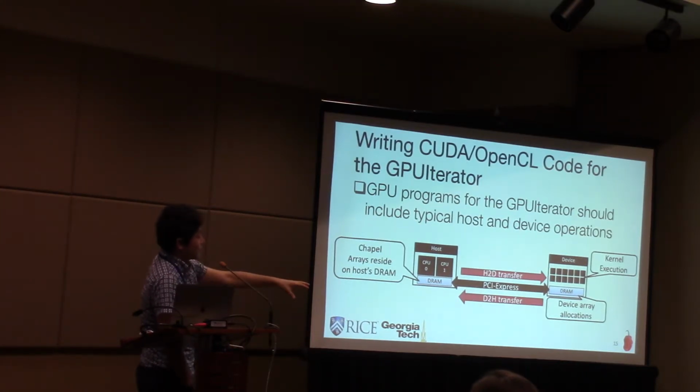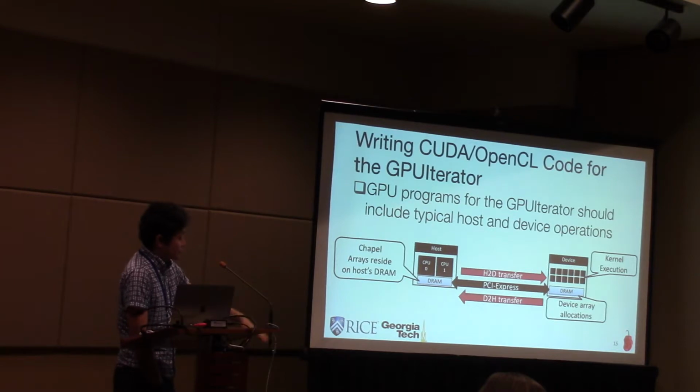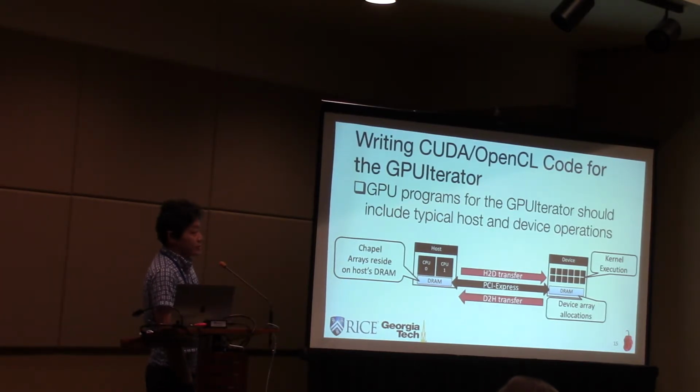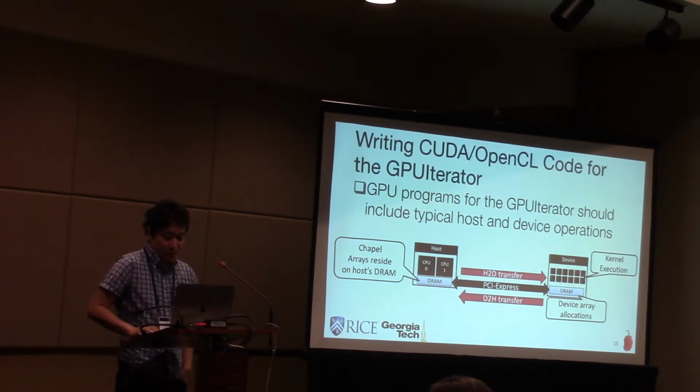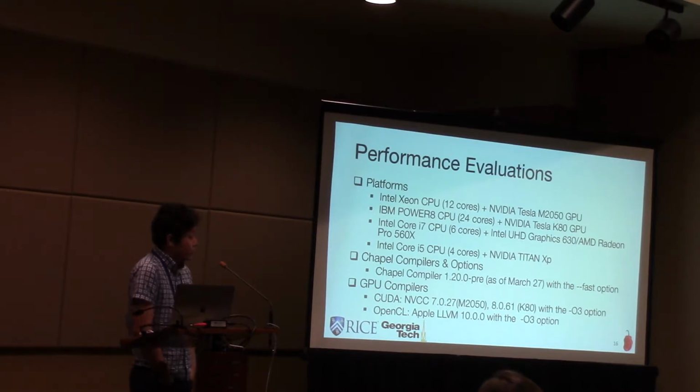After that, you do the host-to-device transfer, then run the kernel on the GPU, and then invoke the device-to-host transfer so that we can get the result from the native side. This is a requirement for those who use the GPUIterator, but usually this code is very similar to typical GPU code, and I don't think it is a huge restriction.